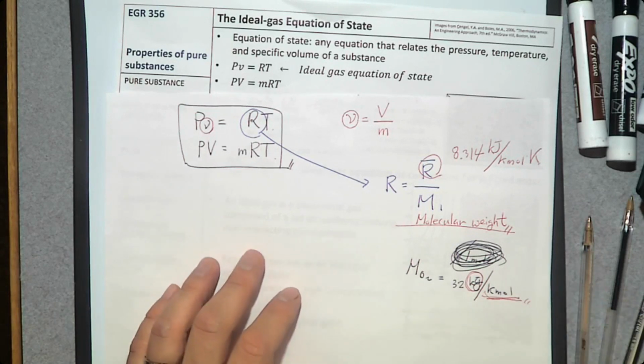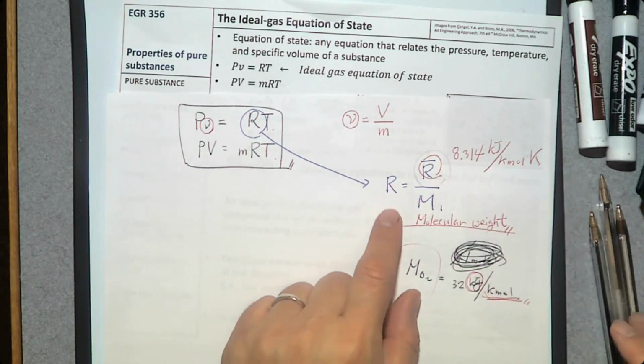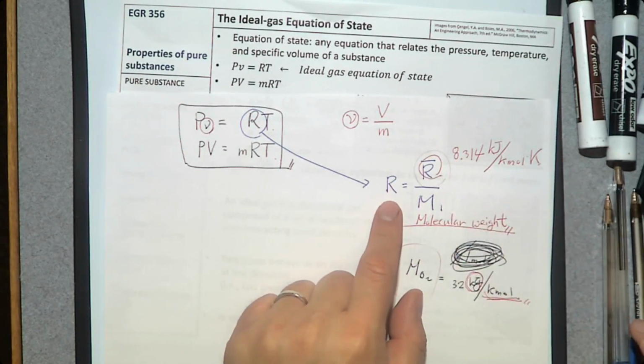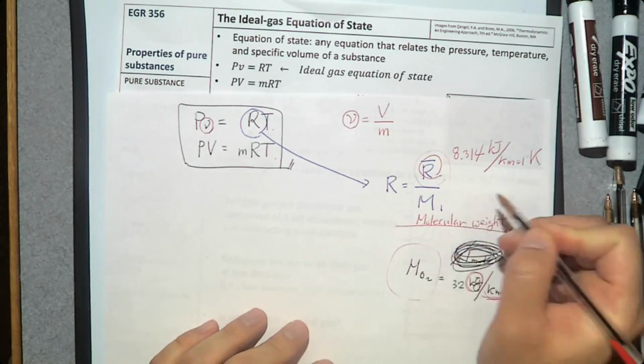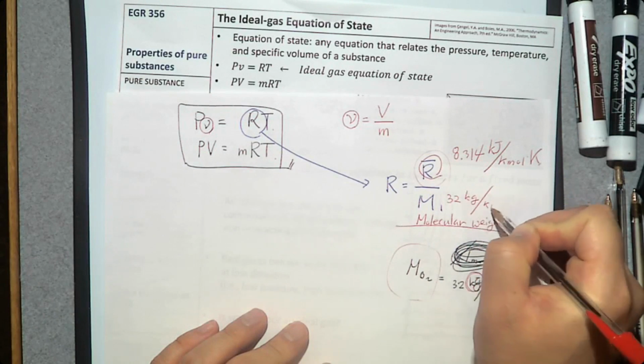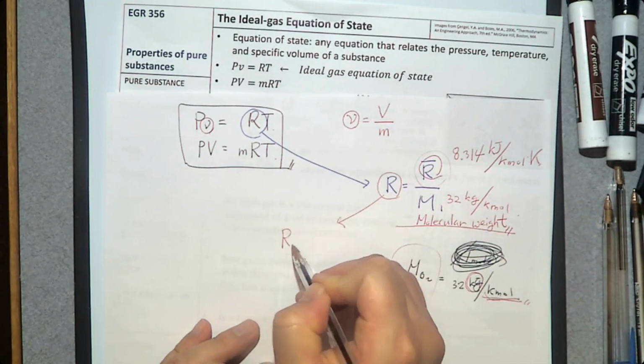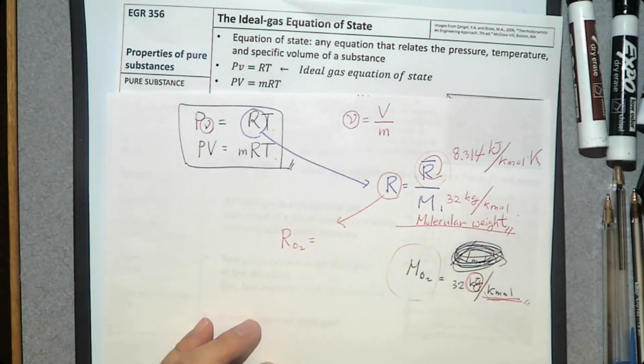If you use this molecular weight, you can determine the gas constant. Here we have 32 kilograms per kilomole, and then you get the gas constant R of oxygen. What is it?